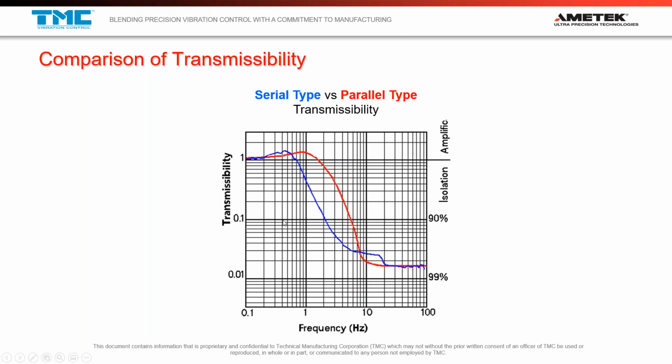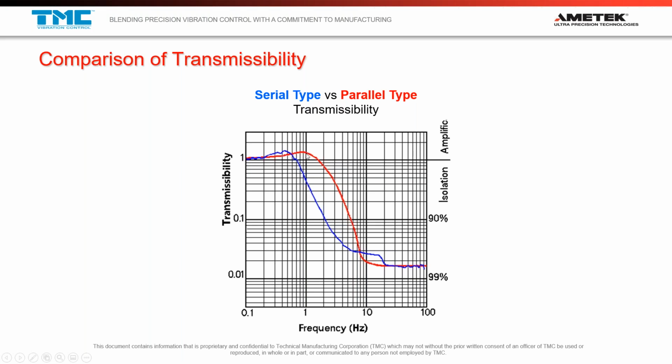We don't actually start to see that with a parallel type system until very high frequencies, 5 or 6 or 7 hertz. So the advantage is clear. If you're looking for that low frequency floor vibration cancellation, you want to be using a serial type system, because its architecture and the piezoelectrics used inside it are going to allow you to get much more cancellation at lower frequencies. Even down at 1 hertz, we're seeing cancellation of roughly 50%, whereas we're amplifying at 1 hertz with the parallel type system.